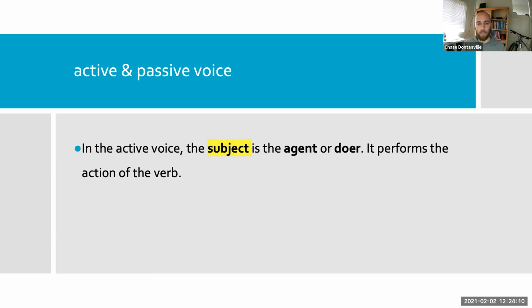In the active voice, the subject is the agent or the doer, meaning it performs the action of the verb. For example, scientists discovered a lost city. So the verb is discover. Who did the action?